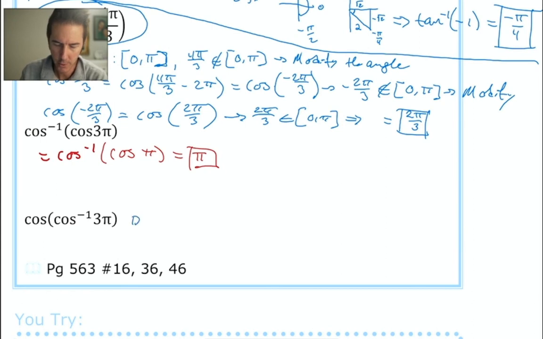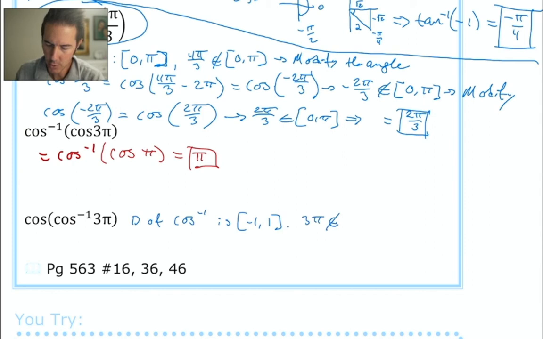The domain of cosine inverse is the range of the original cosine function, which goes from -1 to +1. 3π is not in that domain, therefore no solution.